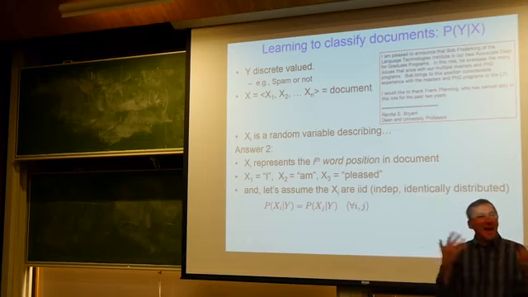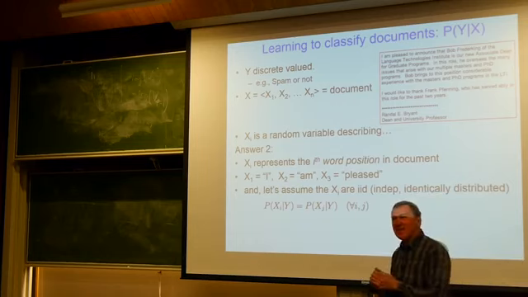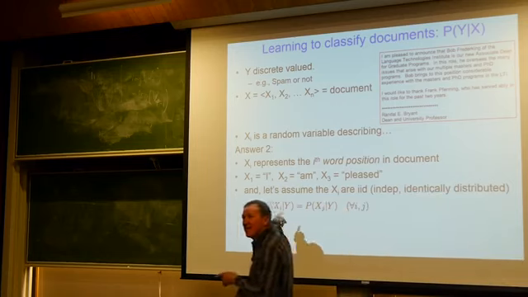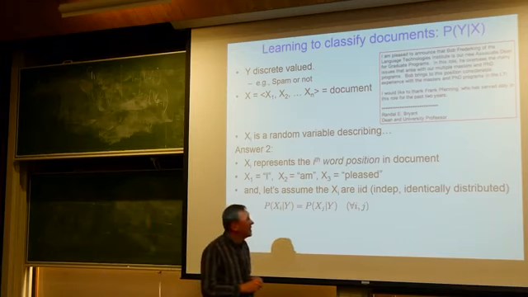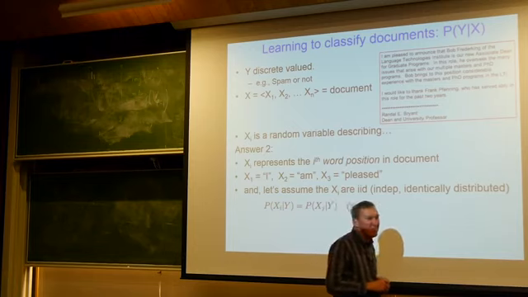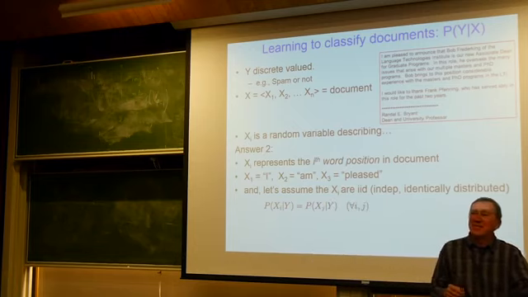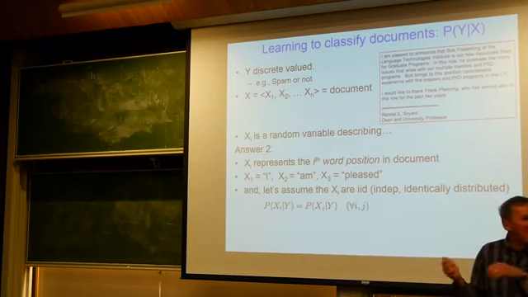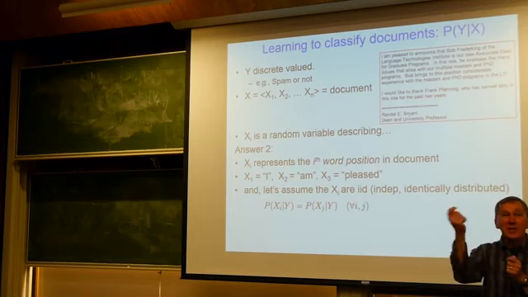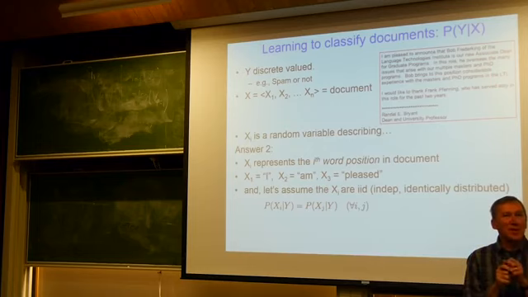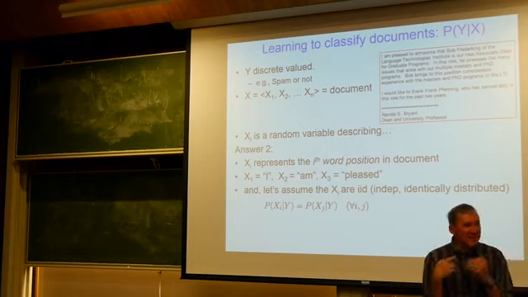So it's clearly not true that these are identically distributed. It's also not true that they're conditionally independent. And neither was it true in our first framing where we had x sub i be a 1 or 0. If the word machine is in the email, then it's probably more probable that the word learning will be in the email too than if machine isn't in there.